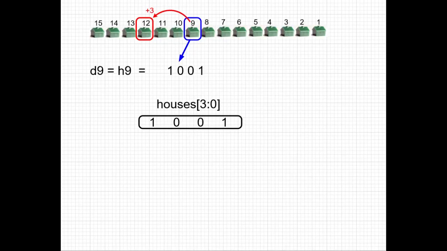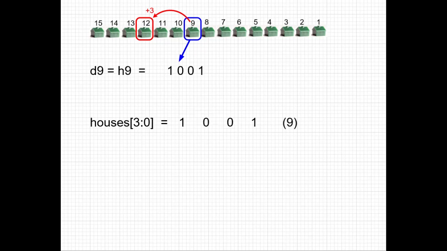Imagine that we're told to walk along another 3 houses, and we'd like our logic to determine the number of that house. We begin with the current house number 9. We'll create a new binary value that we'll call more.